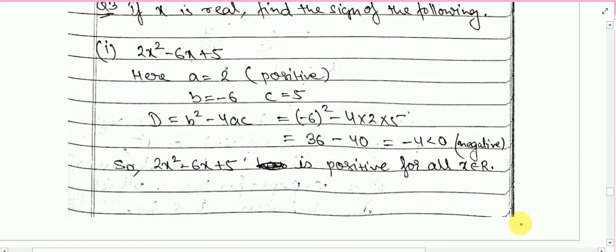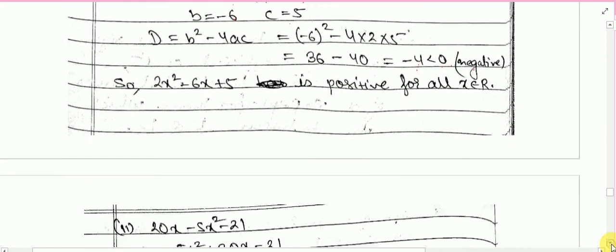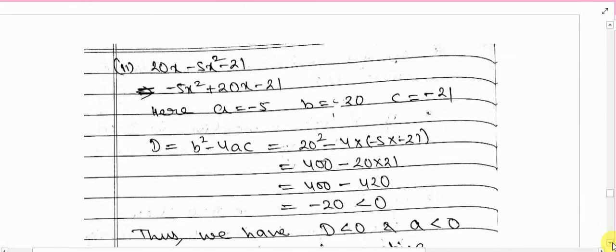Now let's see the second one. This is the quadratic function, and after rewriting it, I can get this. Here you can see a is minus 5, b is 20, c is minus 21.